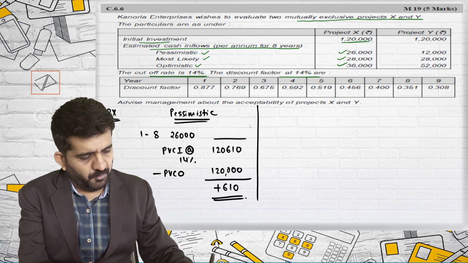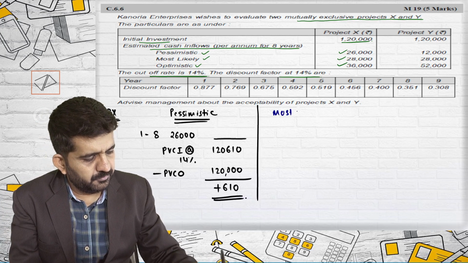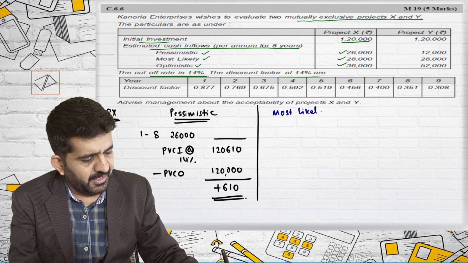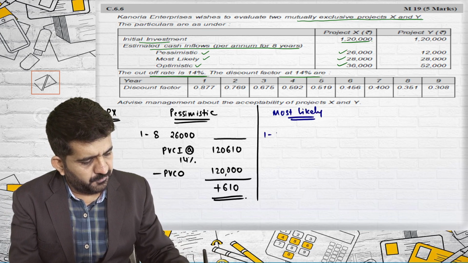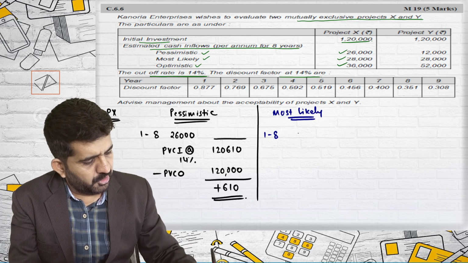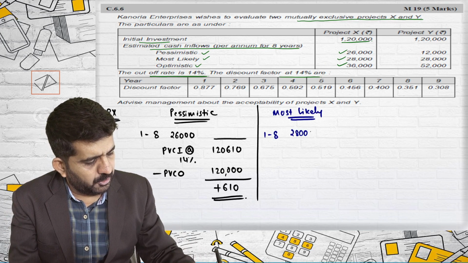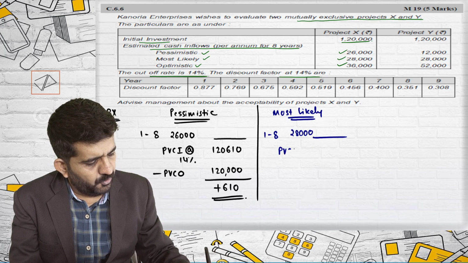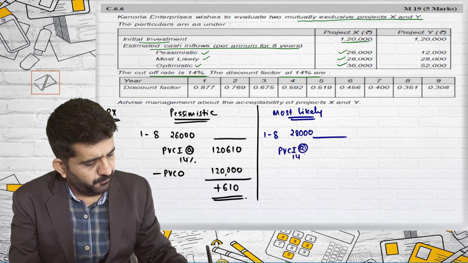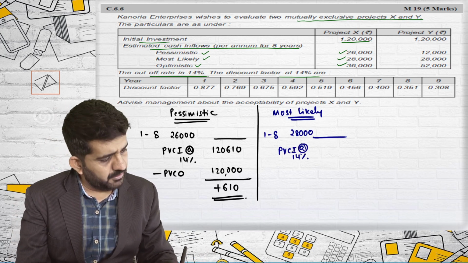You need to do it for most likely also. If the most likely outcome appears from 1 to 8 years, your cash flow will be 28,000. Present value of cash inflow at the rate of 14%. Let me find out the factor if they have not given.